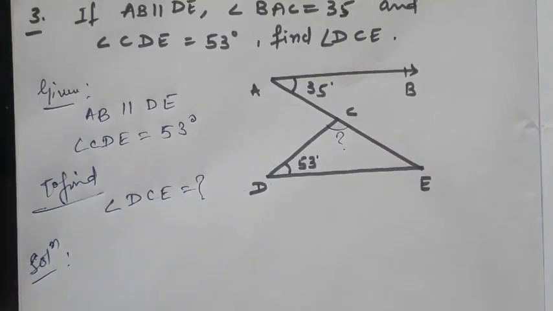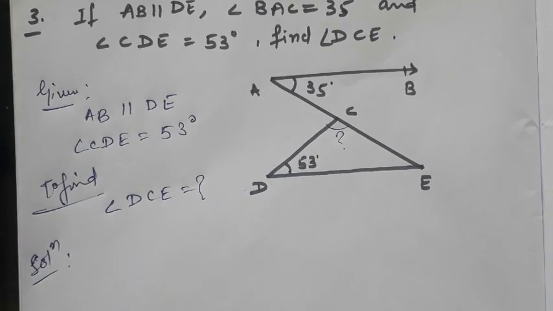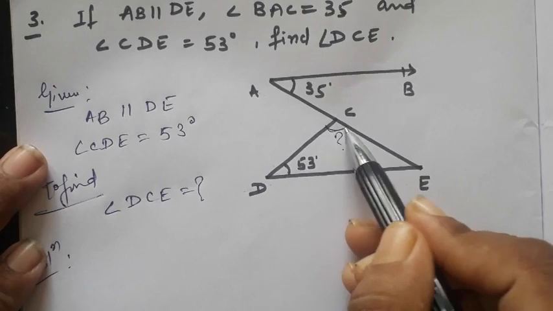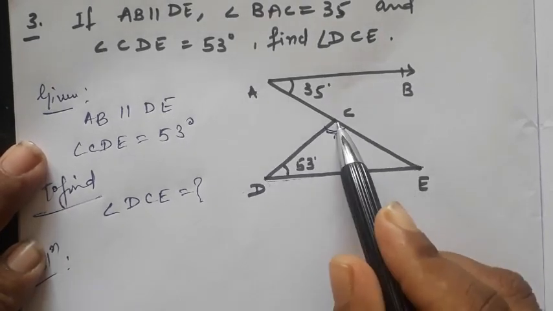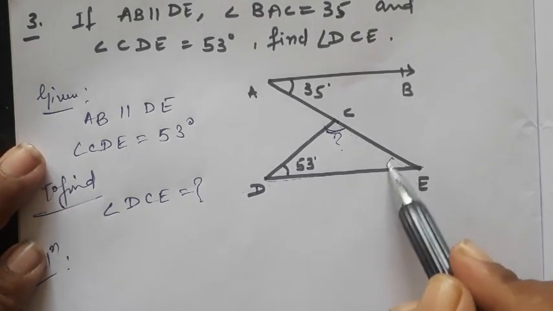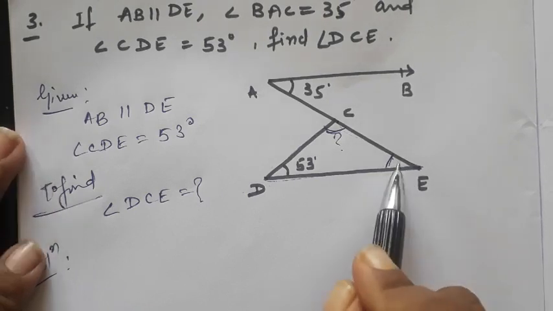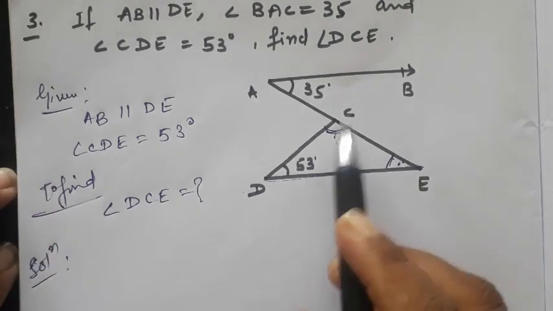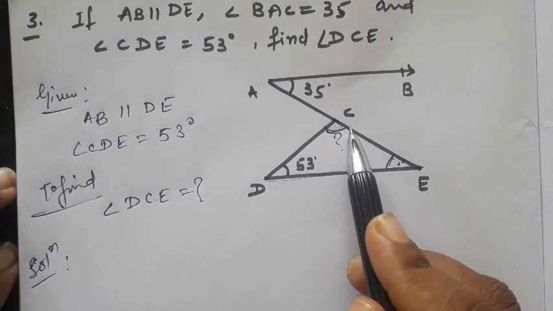As I told you, you have to make the mind map to go easily. To reach this angle, in this triangle, if once I get the value of this, definitely by the angle sum property I can get this.